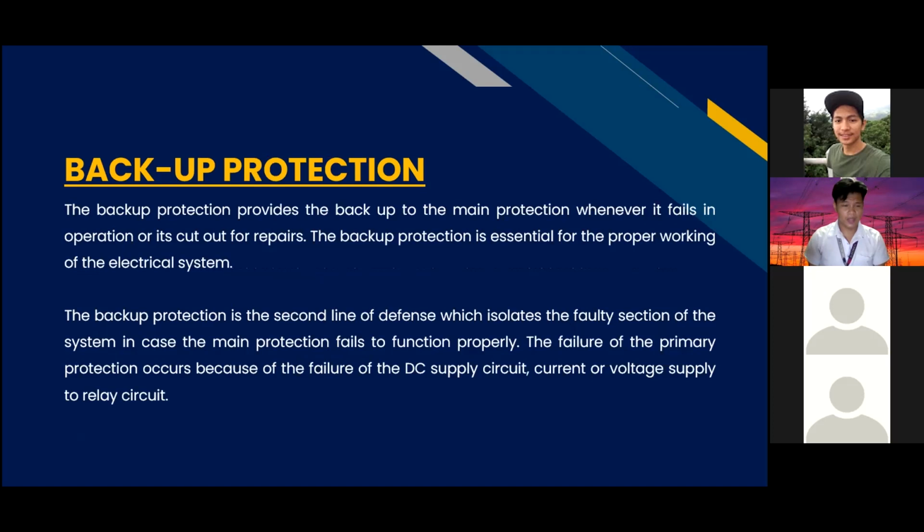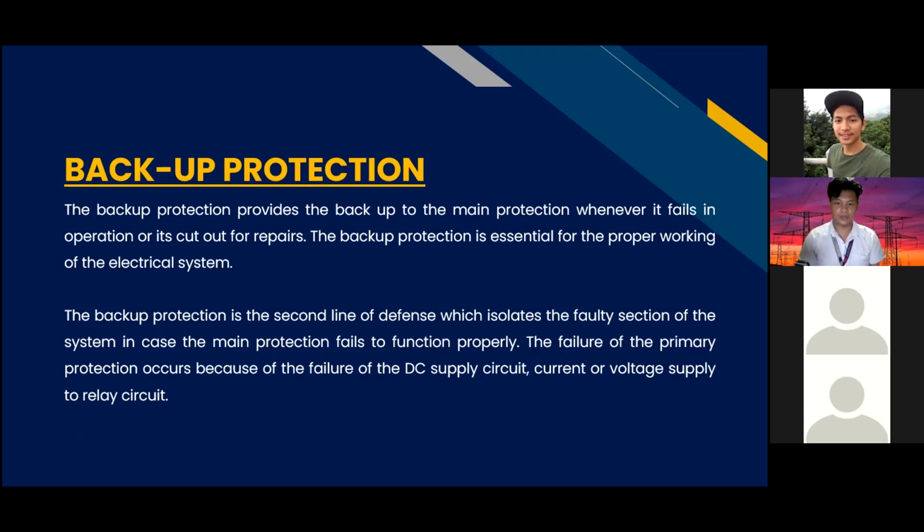Backup protection. The backup protection provides the backup to the main protection whenever it fails in operation or it's cut out for repairs. The backup protection is essential for the proper working of the electrical system. The backup protection may be provided either on the same circuit breaker, which would be normally opened by the main protection, or in a different circuit breaker.